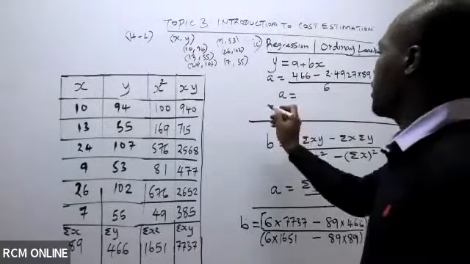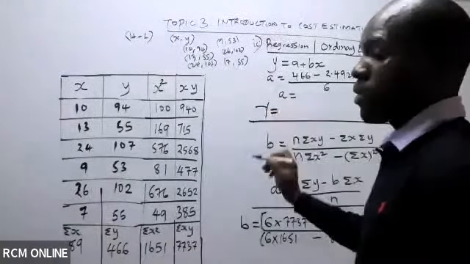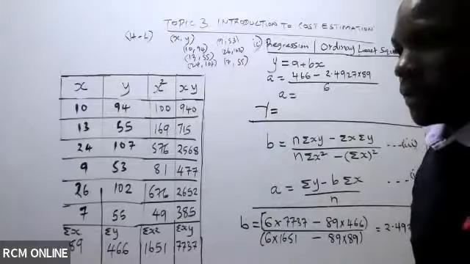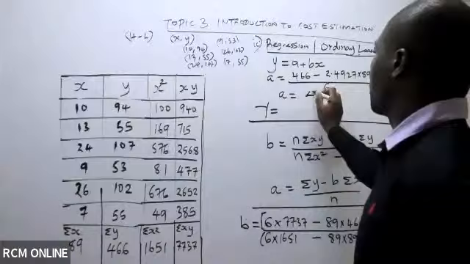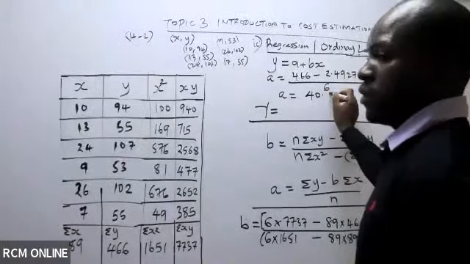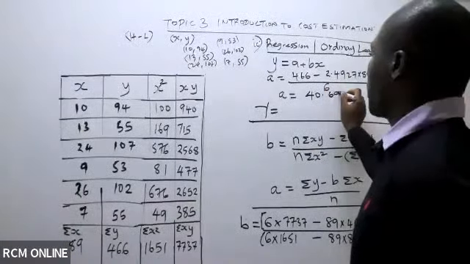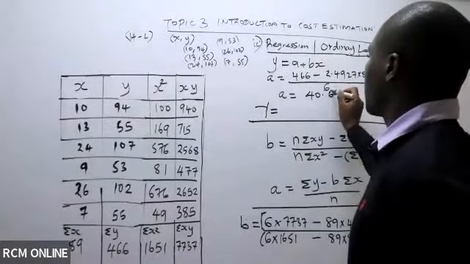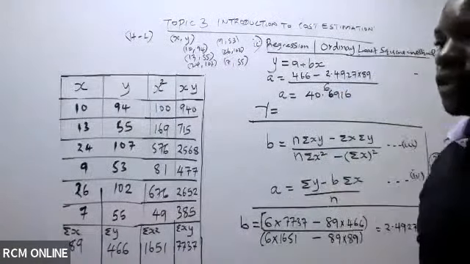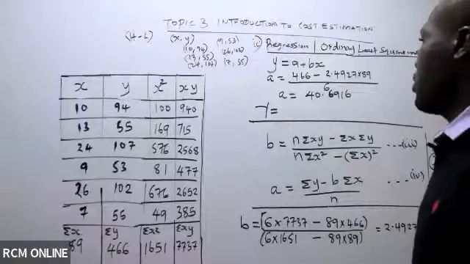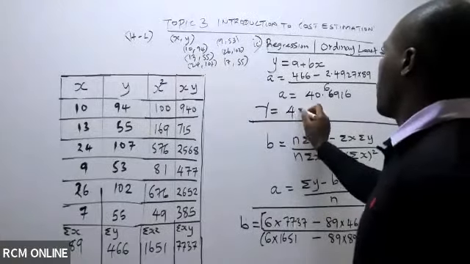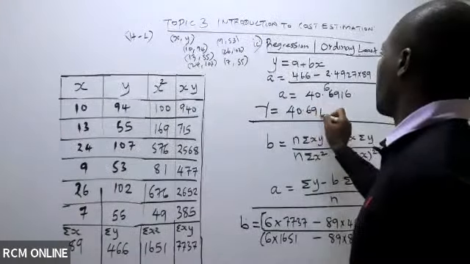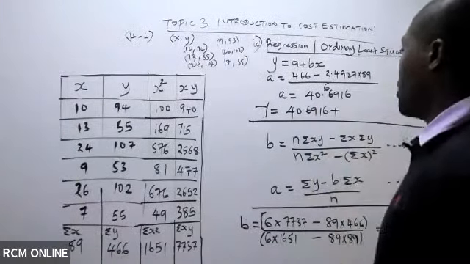So the next thing is to come up with a cost function. The value of a is 40.6916. Good. So can we now come up with a cost function? Y is equal to a, 40.6916, plus bx.